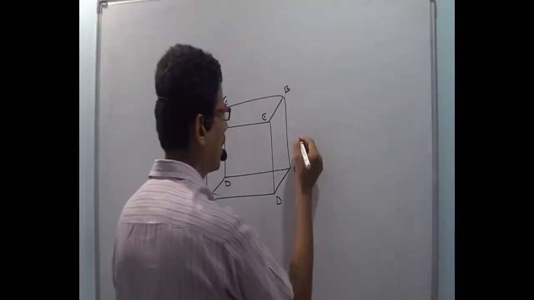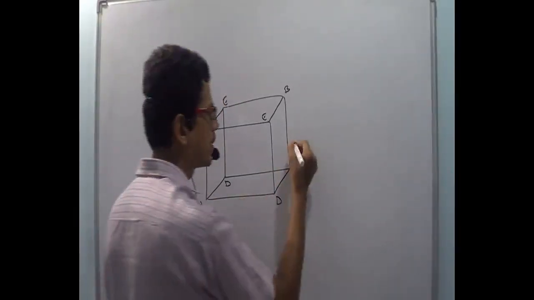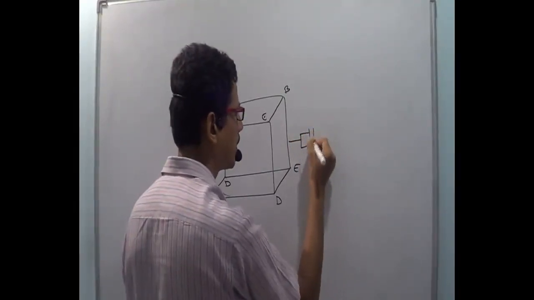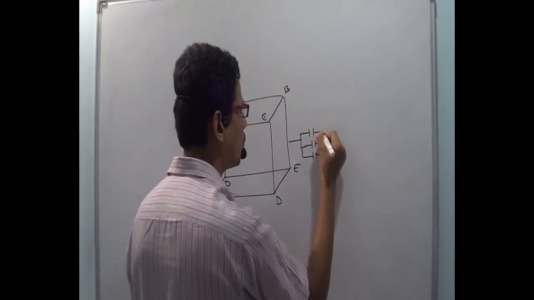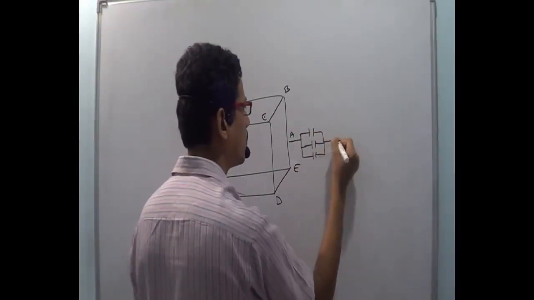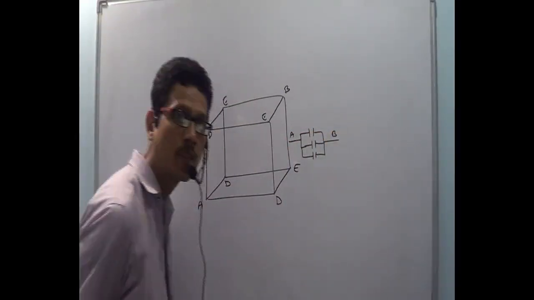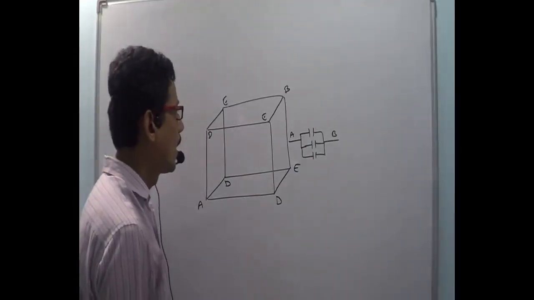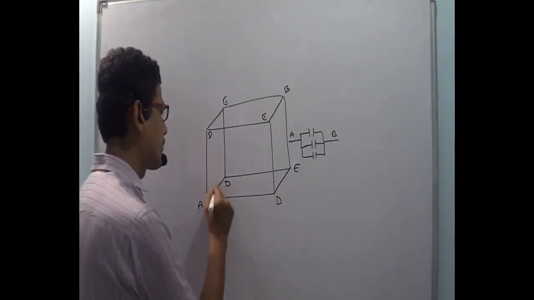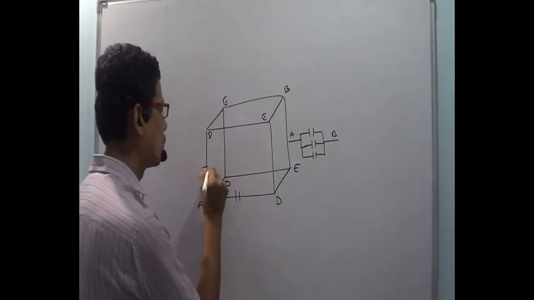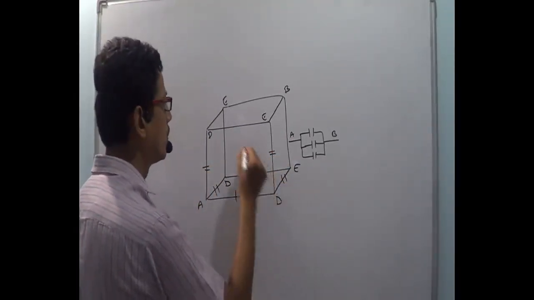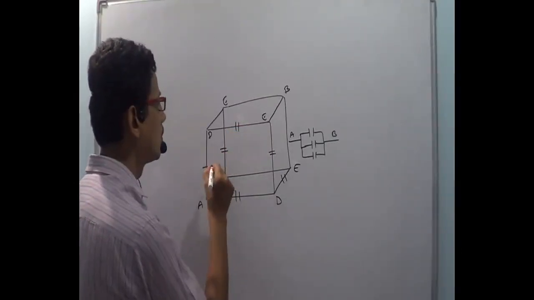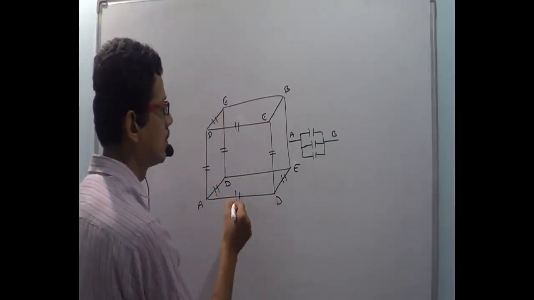ఇప్పుడు A to D, how many capacitors are there? 3 capacitors. A to D 3 capacitors. అలాగే D to E ఎన్ని ఉన్నాయంటే ఇది 1, ఇదొకటి 3. D2 ఎన్ని ఉన్నాయి? 1 2 3 4 5.